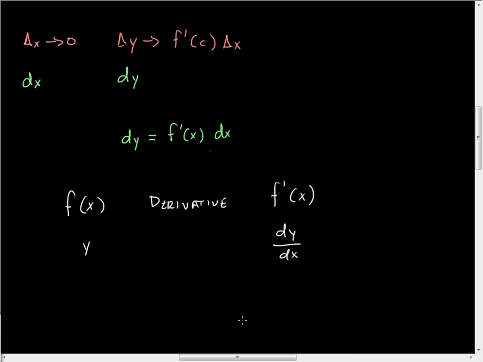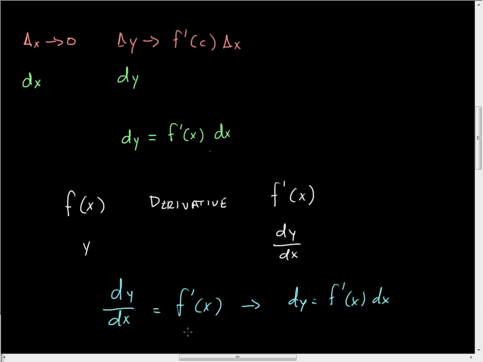So one way to look at this is dy dx is equal to f prime of x, which means that dy, if we multiply both sides by dx, is equal to f prime x dx. Okay, that's one way to remember it. I don't believe that it's actually as true as that, but it is what it is. We're saying the differential of x is going to be a small number, and we can still multiply both sides by a small number. And so it approaches it in the limit.